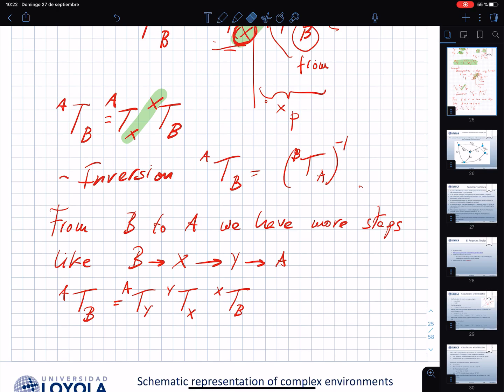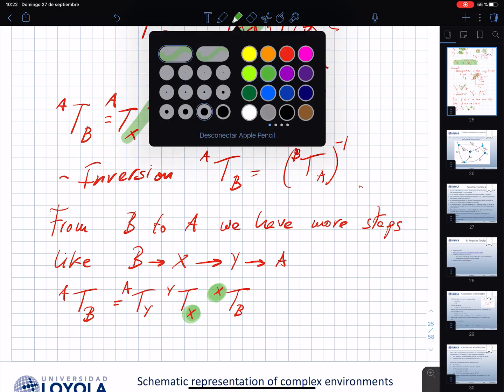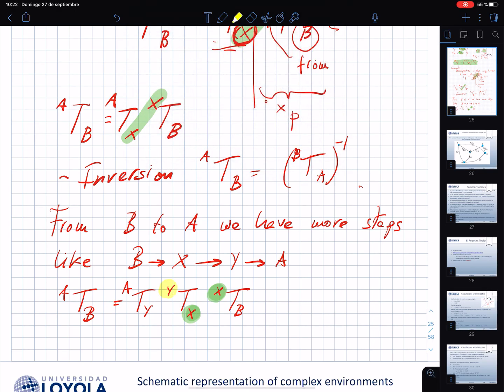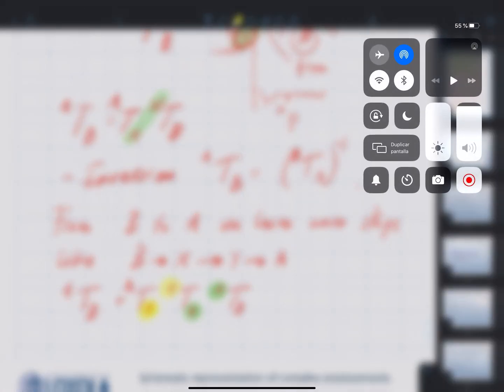And in all steps, I will respect the rule that the to frame of the right matrix should be the from frame of the left matrix. Same as here. The to frame of the right matrix in this multiplication should be the from frame in the left matrix. Okay, I think that's all for now.